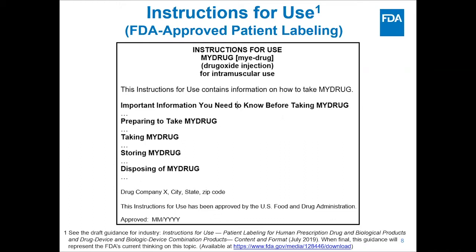But if you need to reconstitute a lyophilized powder, reconstitute an oral solution at home, you have an auto-injector, or you need to prepare a product through a vial and then a syringe, it's going to have instructions for use with nice pictures and detailed text about how to prepare, use, store, and dispose of the product. And we have a guidance for industry that provides recommendations about how to develop instructions for use.